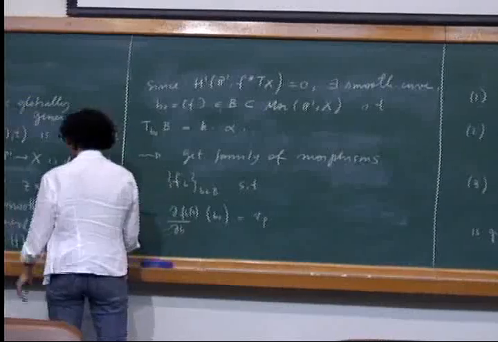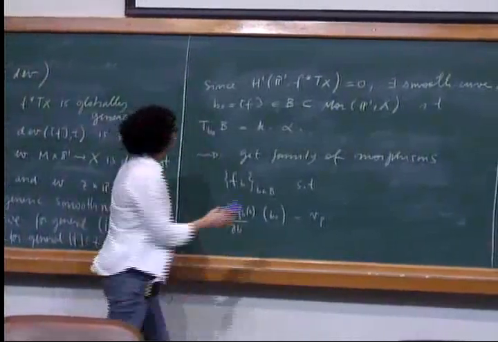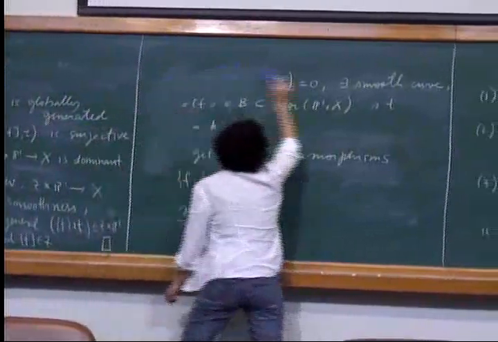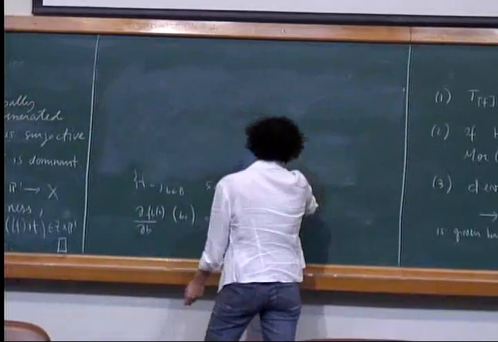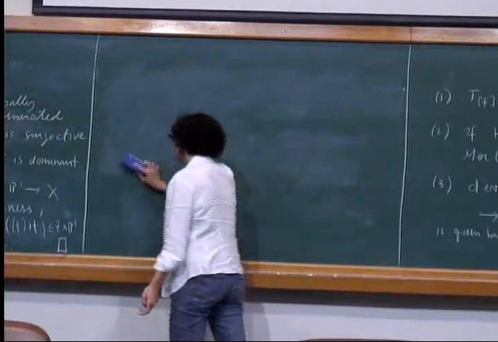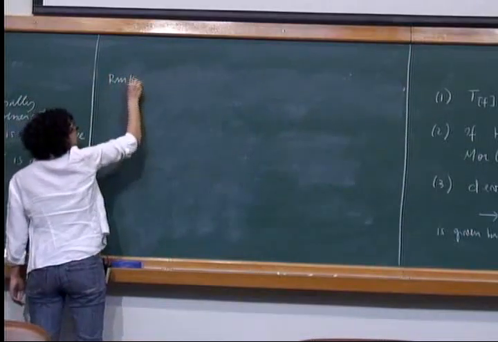So this proves the result. And notice that this gives us a criterion, a characterization of uniruled varieties in characteristic 0.